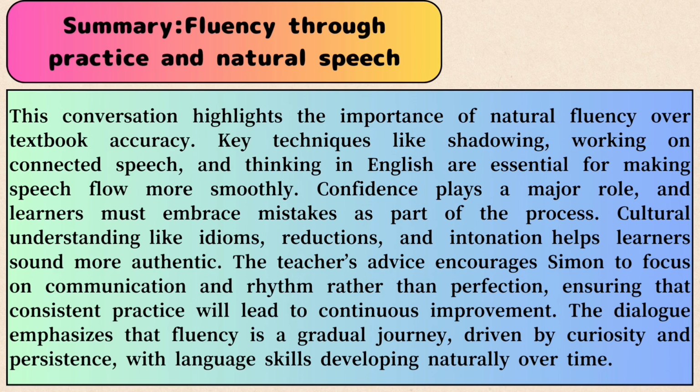The teacher's advice encourages Simon to focus on communication and rhythm rather than perfection, ensuring that consistent practice will lead to continuous improvement. The dialogue emphasizes that fluency is a gradual journey, driven by curiosity and persistence, with language skills developing naturally over time.